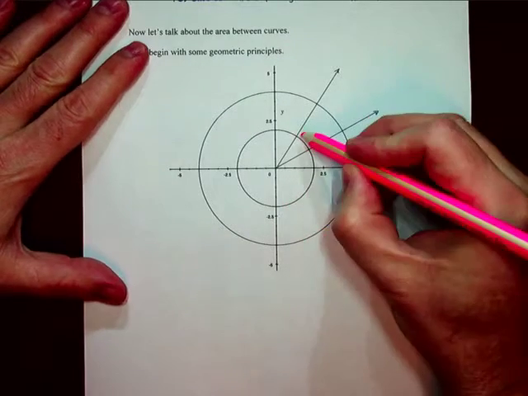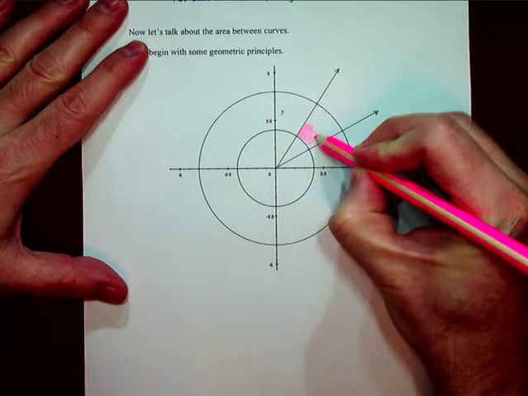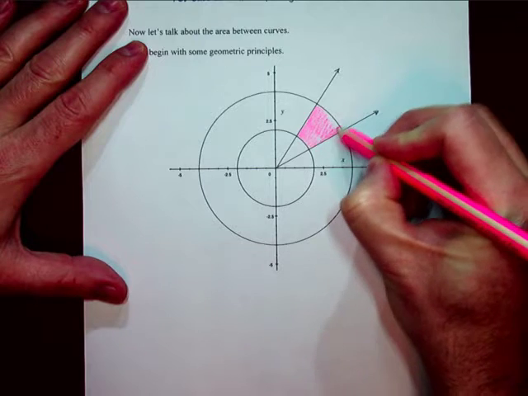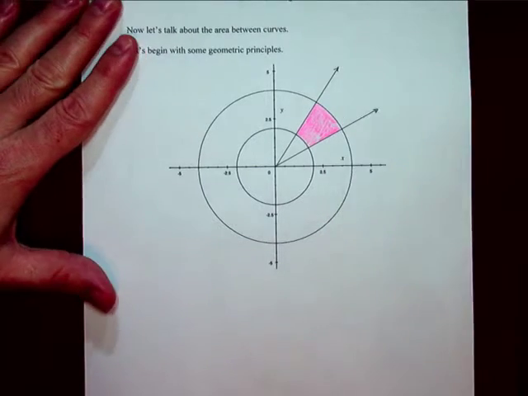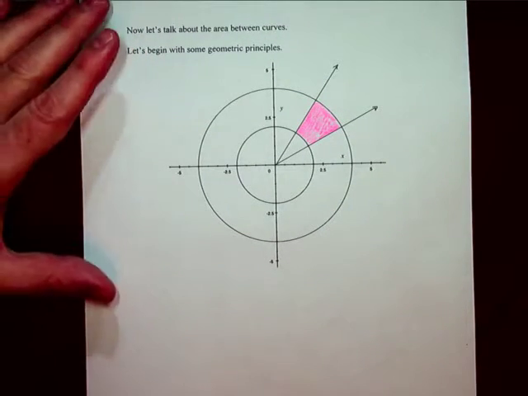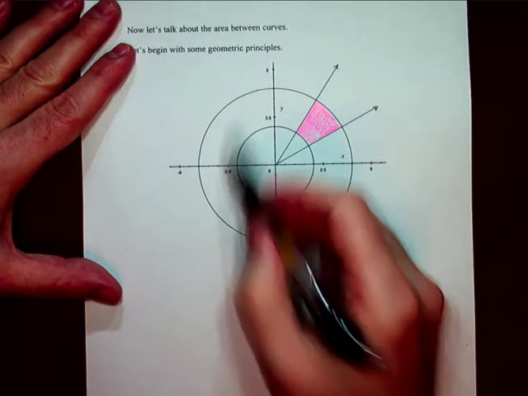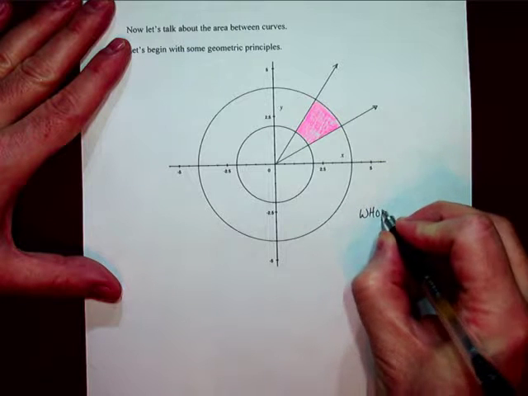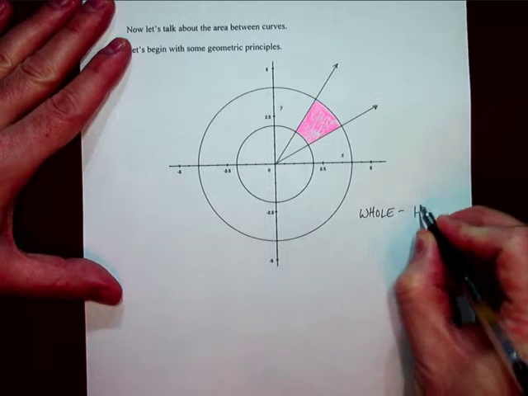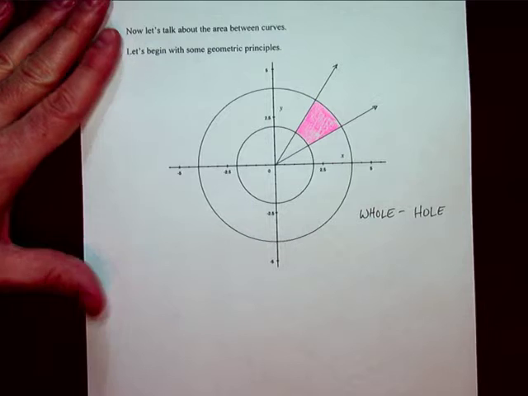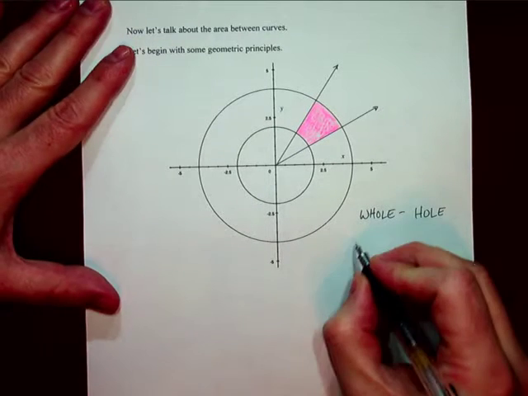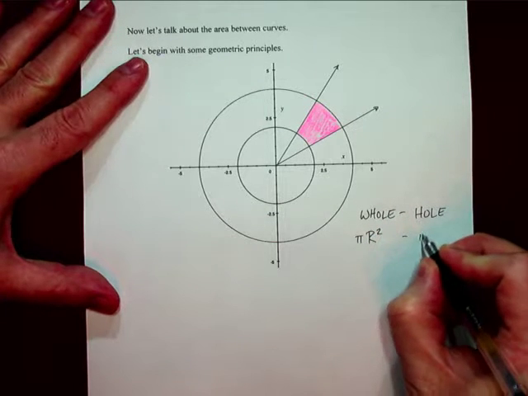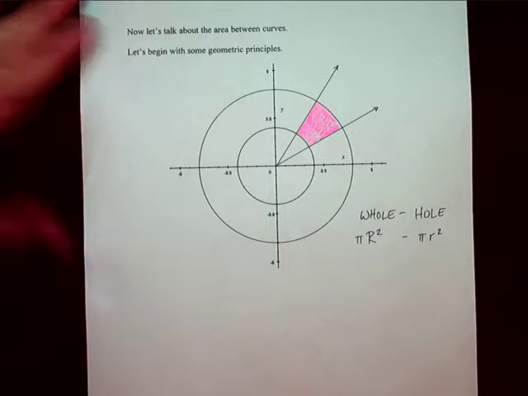So let's say I didn't want the area of the whole sector. I wanted the area between the curves. Well, if you wanted to find the area of the entire donut, the area between those circles, it's really easy. It's the whole minus the whole, right? Well, that, of course, is going to be pi big R squared minus pi small r squared.